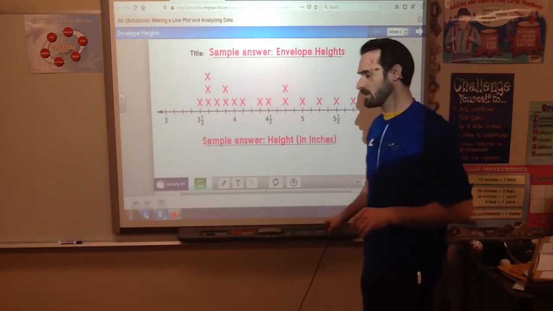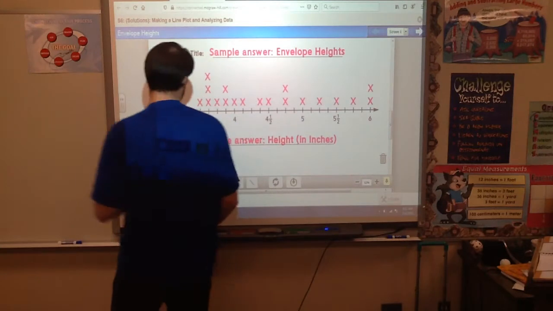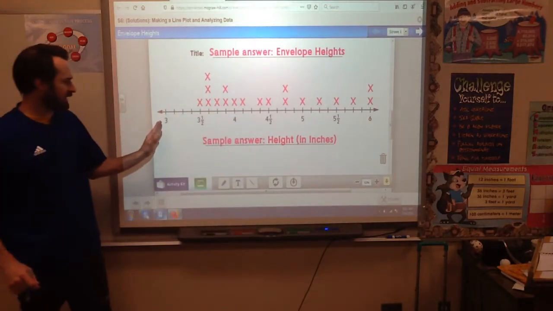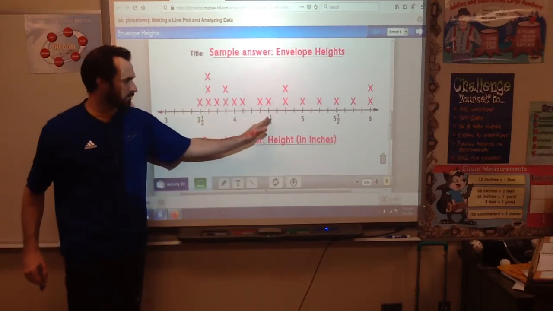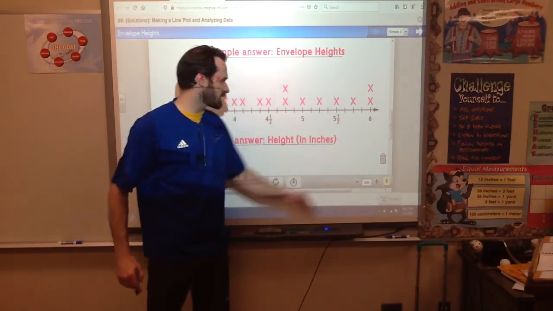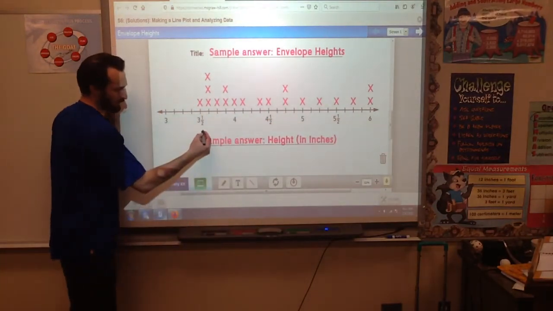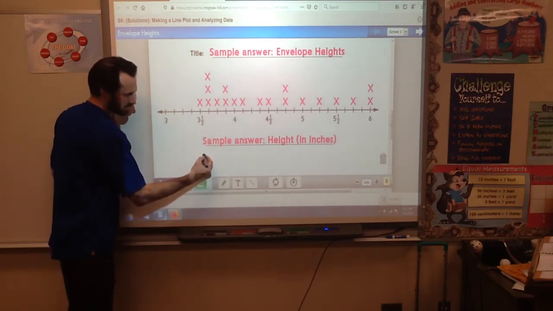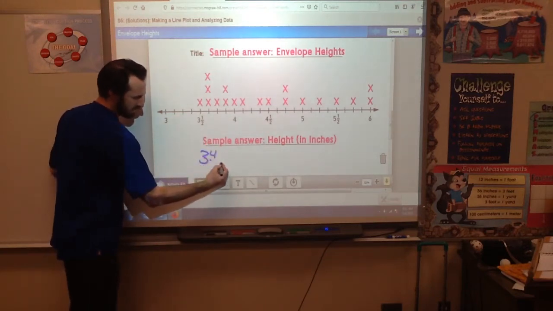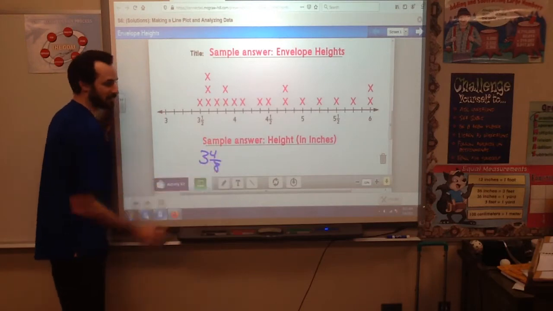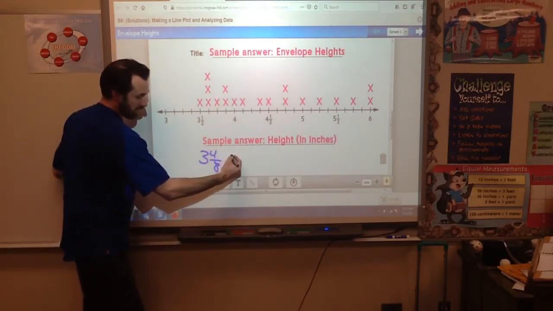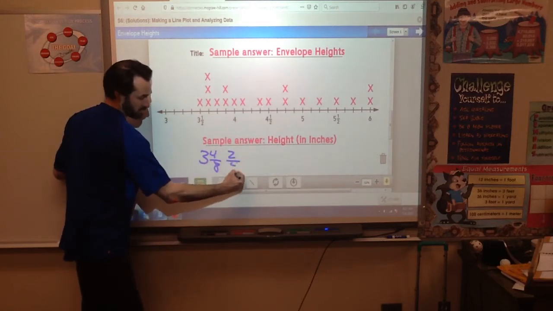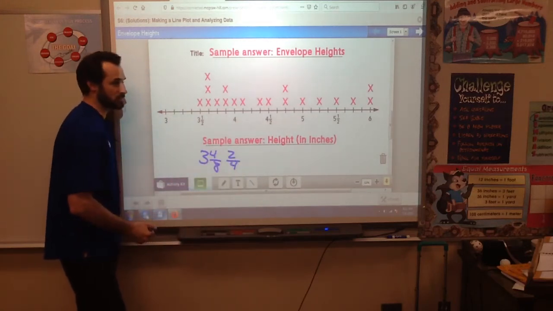And the thing that we need to review and remember from last week is that here they have it split down. You have 3, 3.5, 4, 4.5, 5, 5.5, 6. But we talked about how the half here, instead of just being 3.5, could be 3 4/8 because 4 is half of 8. But you could also write it as 3 2/4 because we know that they're equivalent fractions.